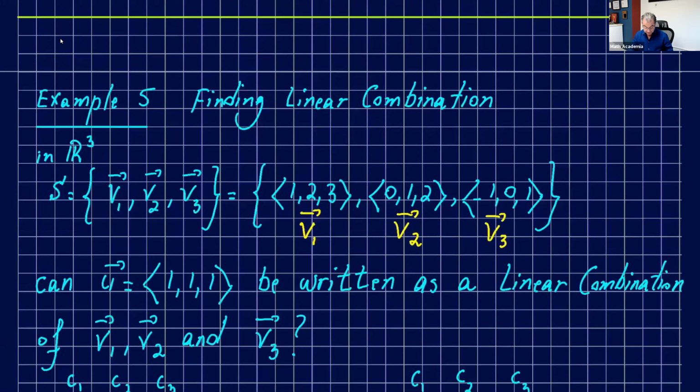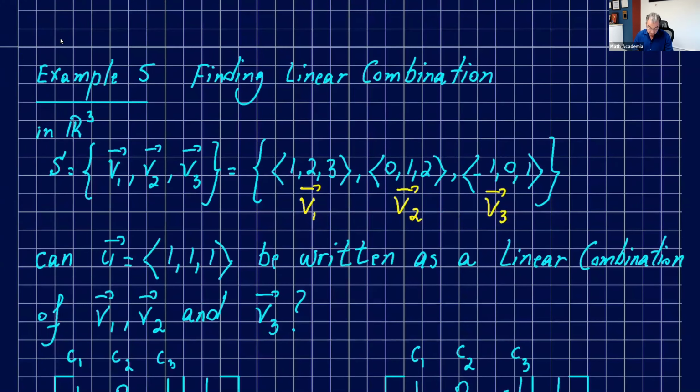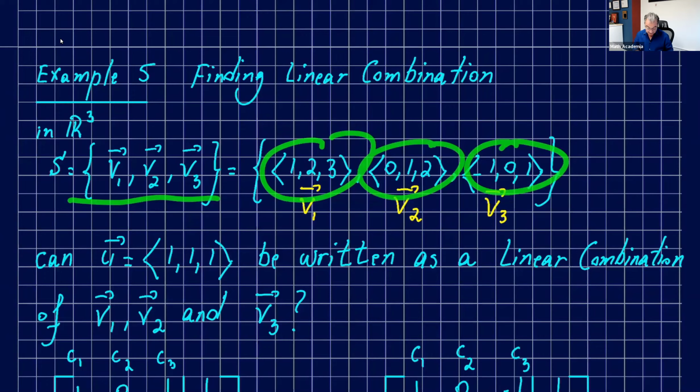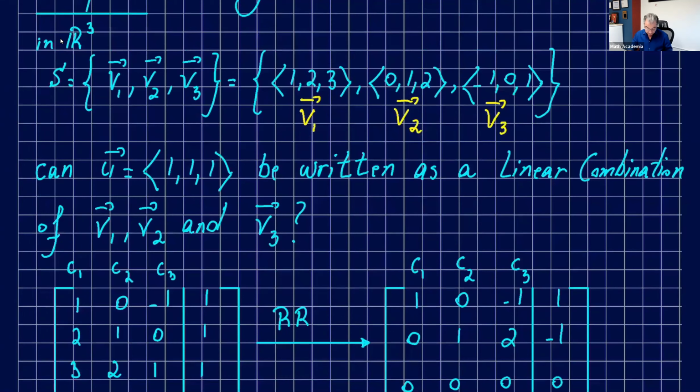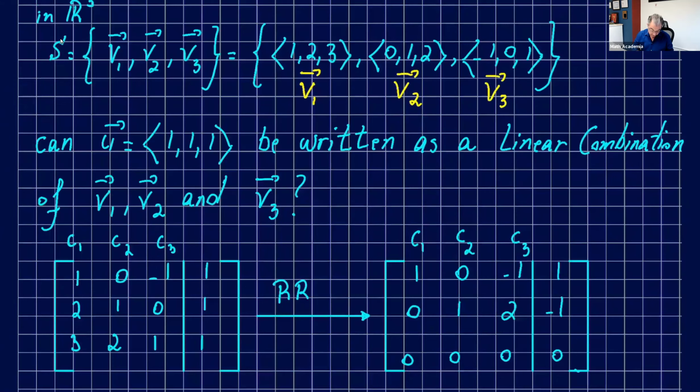Let's try another example. Same way, we are in R3, we have 3 vectors, and these are the components. In this case, U is 1, 1, 1. So can U be written as a linear combination of V1, V2, and V3? Again, to write the augmented matrix fast, this is for C1: 1, 2, 3.